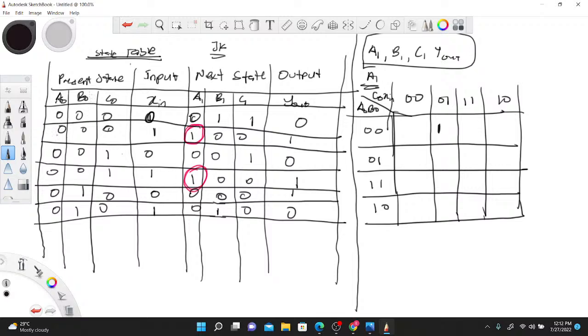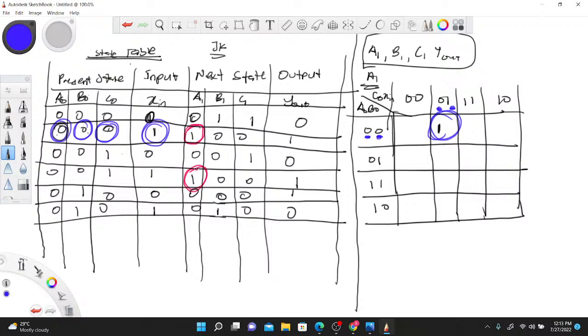A was 0, B was also 0. A naught was 0, B naught was 0, C naught was also 0, and X in was 1. You understand? So A naught is 0 here, B naught is 0 here, C naught is 0, and then X in is 1. That's why we placed it in this cell.